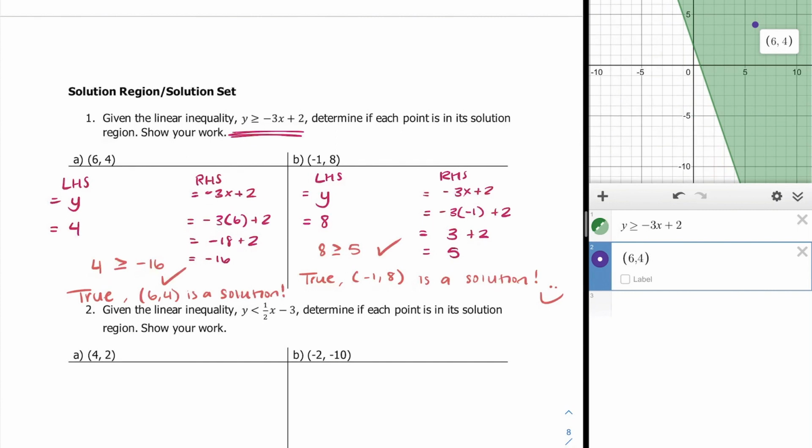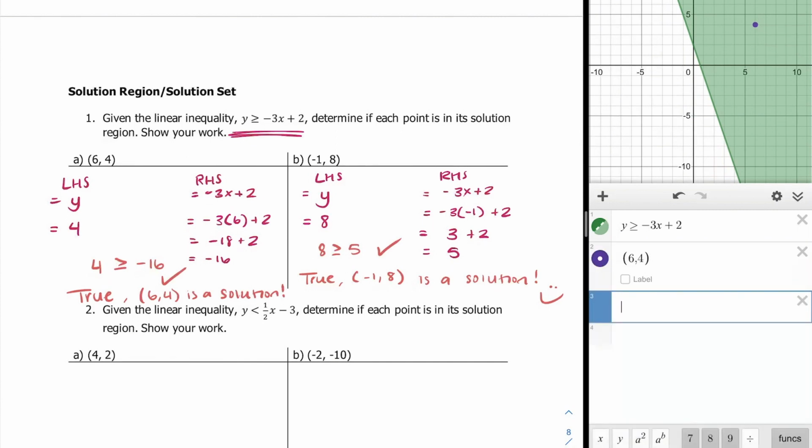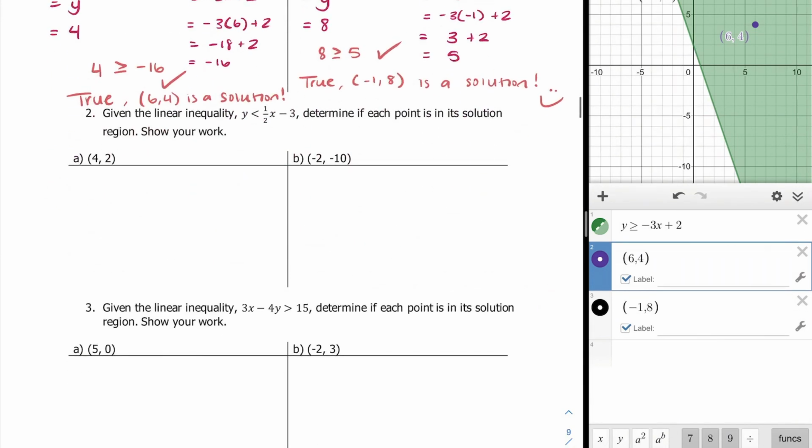It's part of that shaded area that represents my solution set, and therefore it's a solution. I could do the same thing with negative 1, 8. And that is also within my solution region. So I could see both of those are solutions as they both belong in that shaded solution region of my graph.